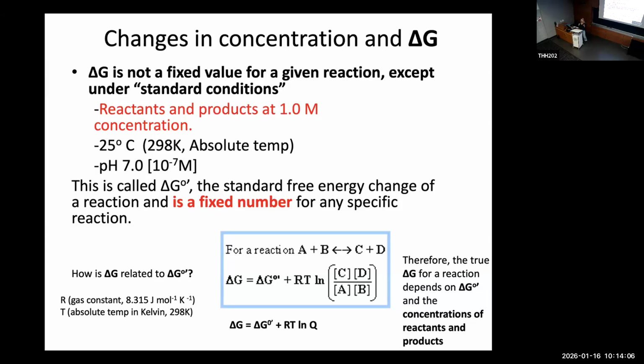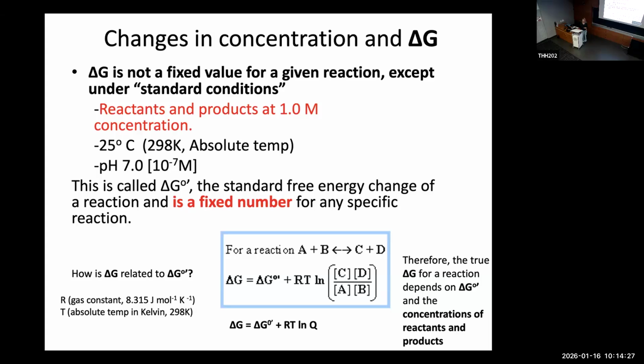And so delta G's can be defined as standard conditions. And then that gives you a number that does not change and allows you to compare different reactions. So a delta G is defined under standard conditions, and we call that delta G naught prime.